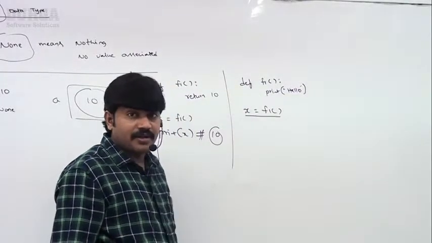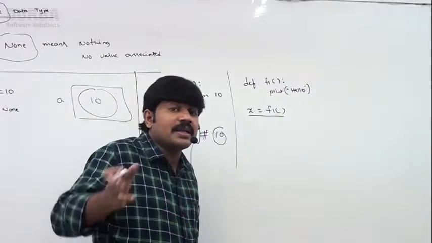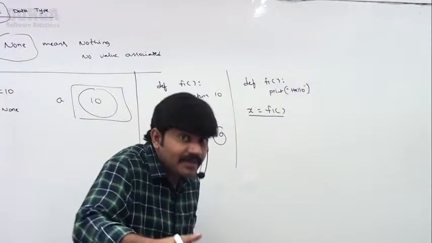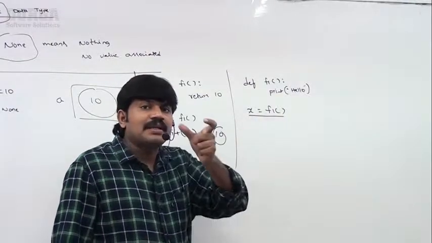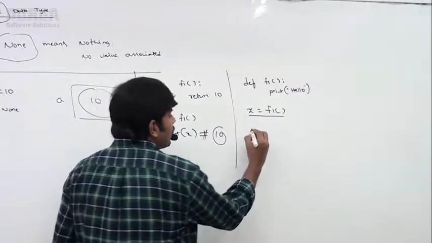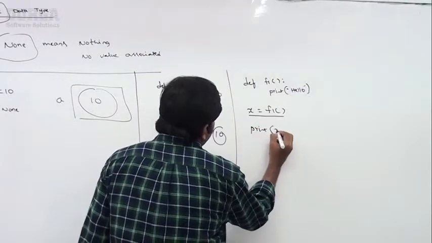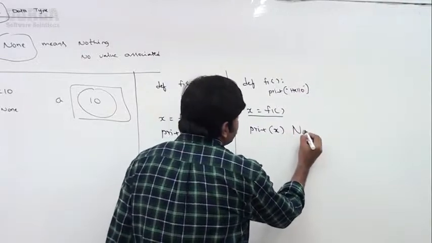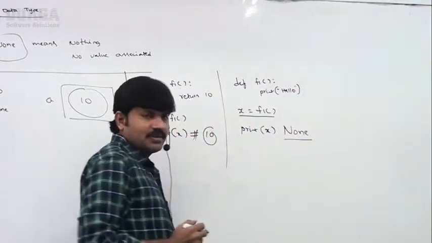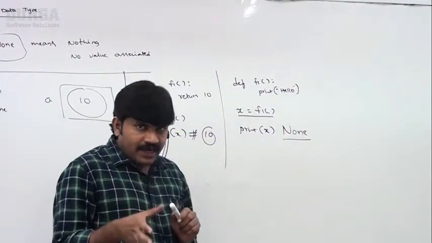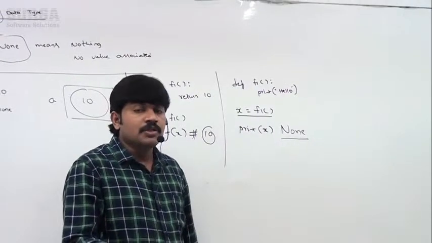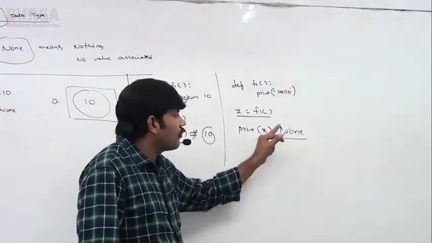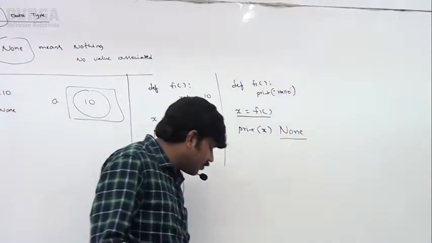No, there is no return statement. If the function won't return anything, how can you handle that situation? Internally, it is going to represent None. Let me print the x value. What value are we going to get, sir? Simply None. Remember this: to handle the situation where a value is not available, we require None. Let me execute this code.